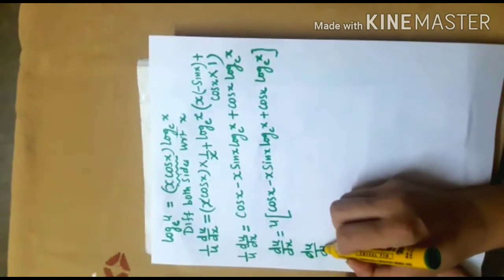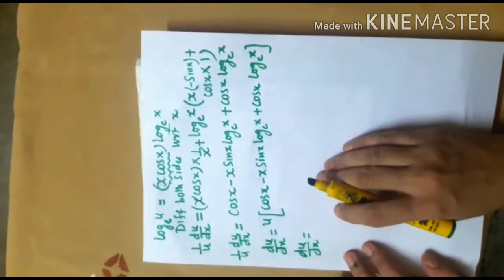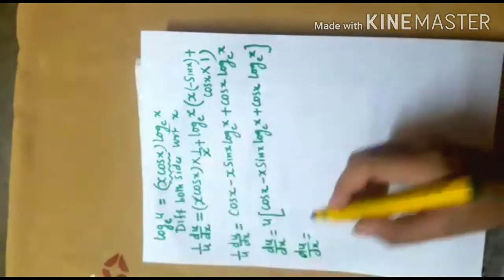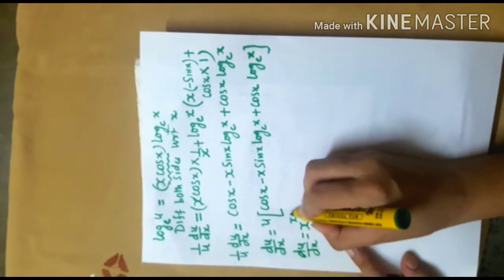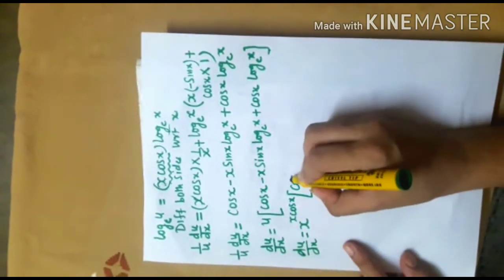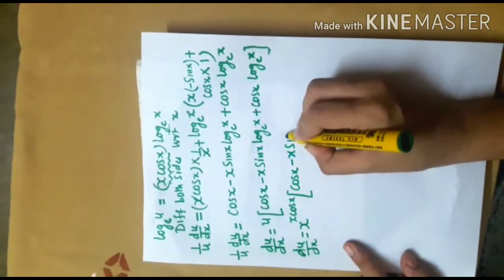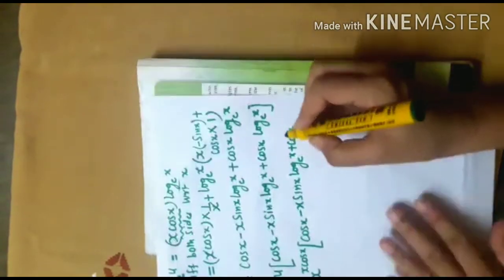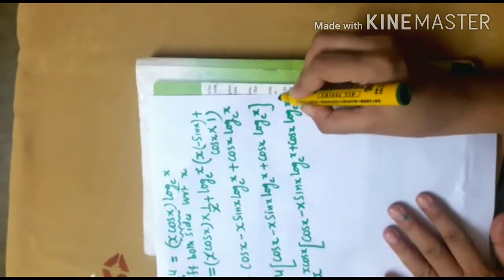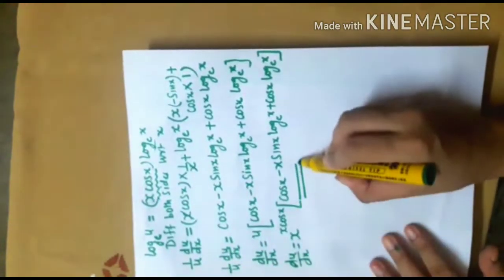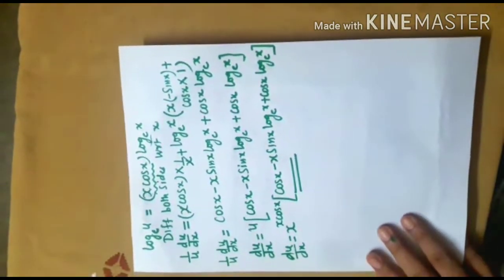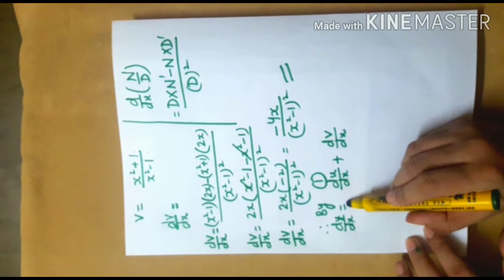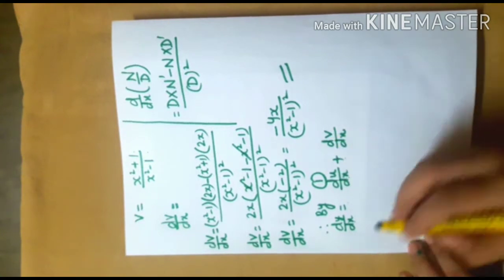So du by dx will be equal to, yes, what was u? U was x raised to the power x cos x. So it is x raised to the power x cos x into cos x minus x sin x log x plus cos x into log x to the base e. This is du by dx. So now by 1, dy by dx is equal to du by dx plus dv by dx.